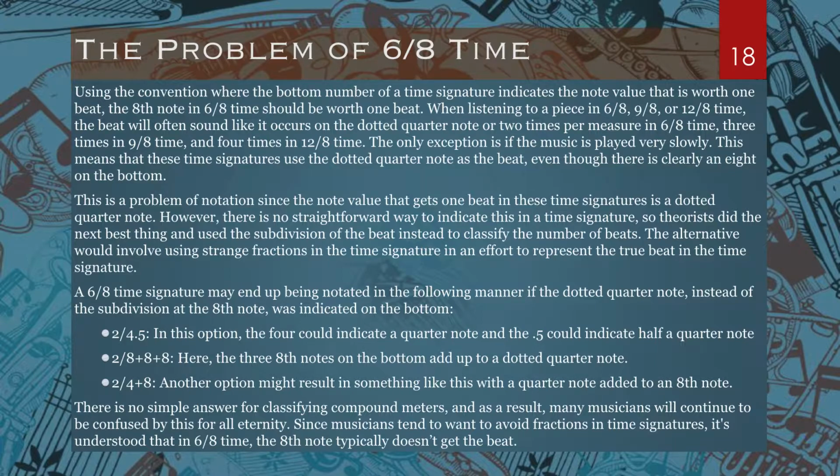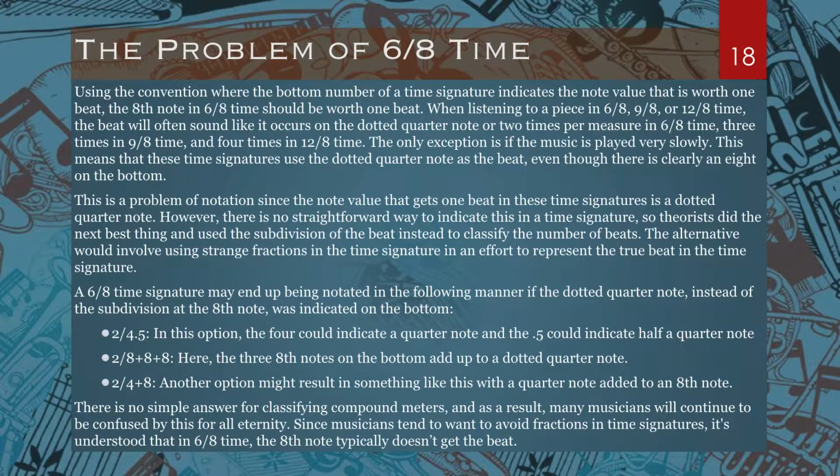So let's say we want to accurately notate that there are 2 beats in the measure and the dotted quarter note gets 1 beat in 6/8 time. One option could be 2 on the top and 4.5 on the bottom. In that case, the 4 could indicate a quarter note and the 0.5 could indicate half a quarter note. That's confusing and it doesn't make a lot of sense. So that's out.